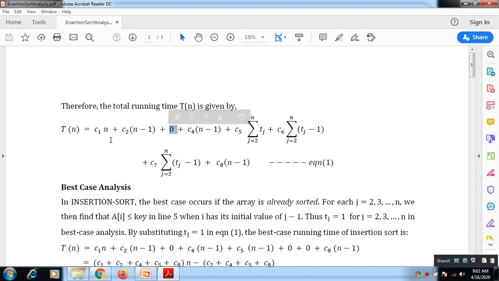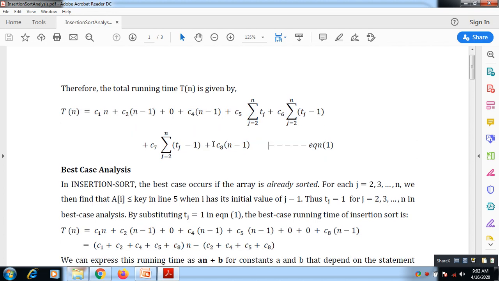So this is the general equation to find the time required by our insertion sort algorithm. Now we will analyze its time complexity in 3 different scenarios: first the best case, second the average case, and third the worst case.